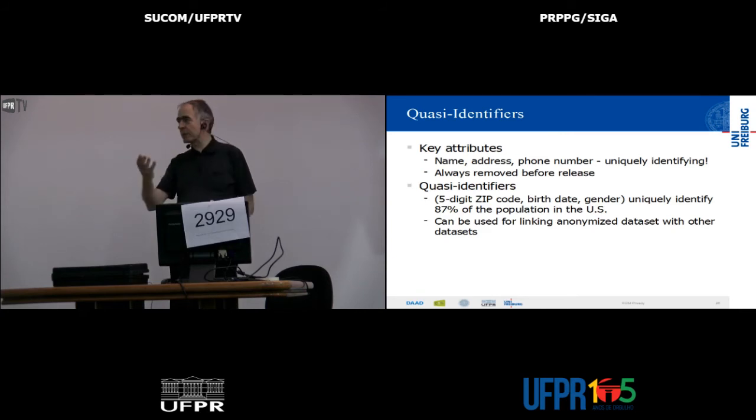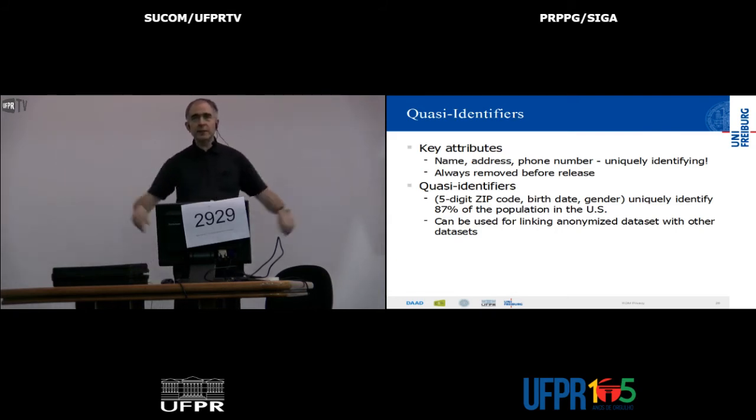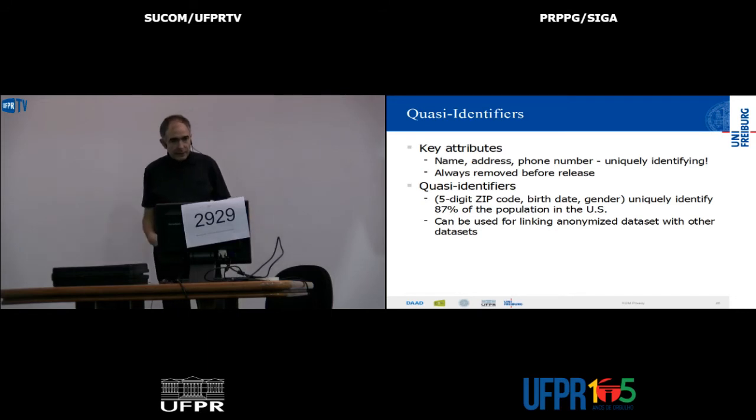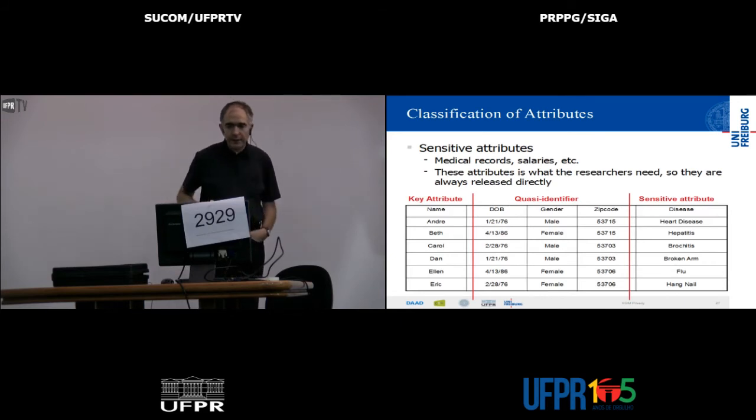It's not to be expected at first, but the birth date is 365 per year, and the whole population is spread out evenly, so per day it's becoming quite thin. It can be used for linking anonymized data sets with other data sets, and it has been used for great examples in the US where they proved that some claims by politicians and others were simply wrong, because with that information you can really attack that.